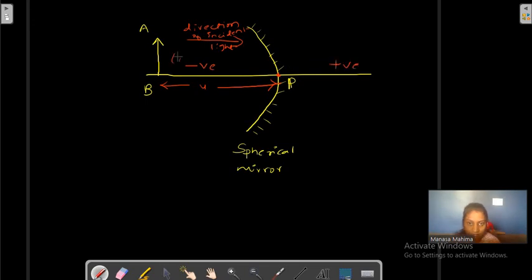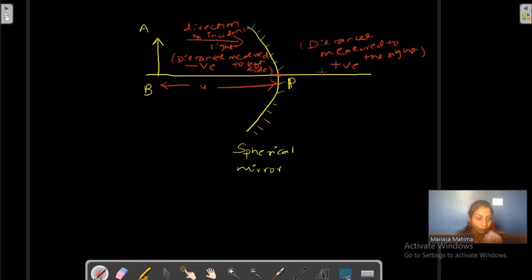How can I write this? Distances measured to the left side are taken negative, and whatever distances are measured to the right are called positive, right? That is what I am explaining.